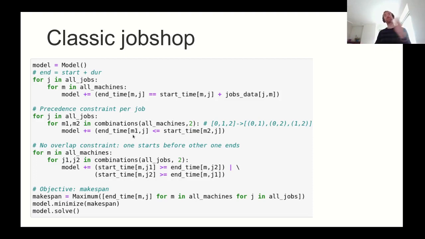The end time at the smaller machine has to be smaller than the start time at the later machine. And then we can only run one task at a machine at the same time, and that's this disjunctive constraint that you write like this. And then the makespan, we can use a global maximum constraint to specify that the makespan is a maximum of all of the possible end times.